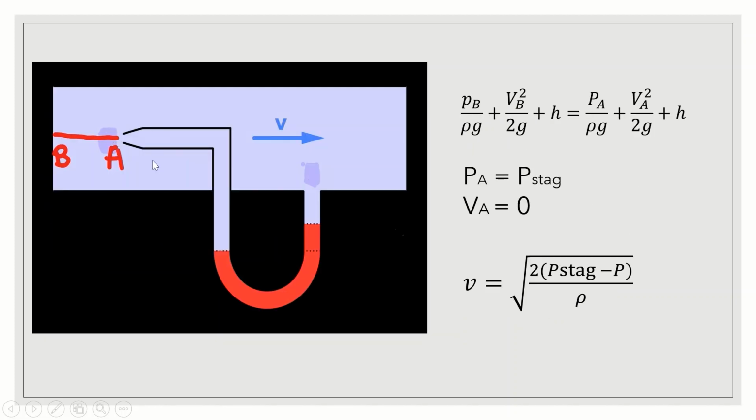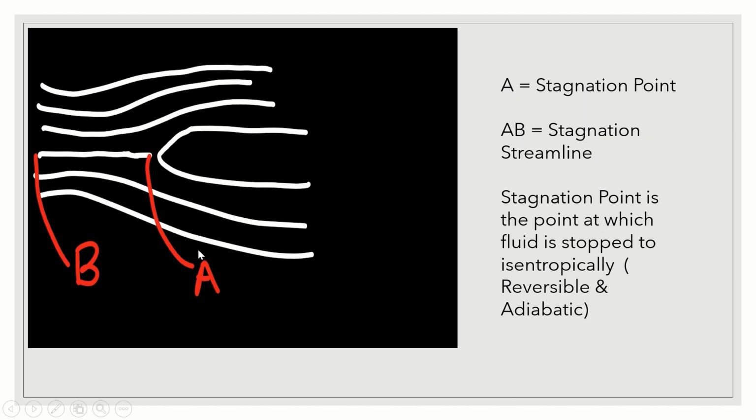So A is the stagnation point, AB is the stagnation streamline. Stagnation point is the point at which the fluid is stopped isentropically, that is reversible and adiabatic.